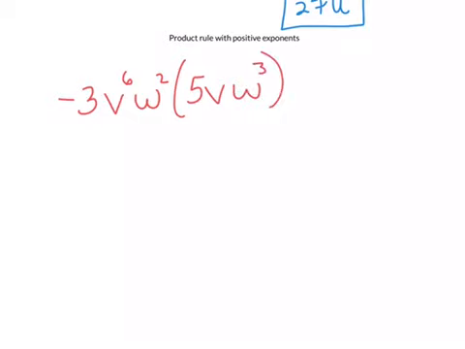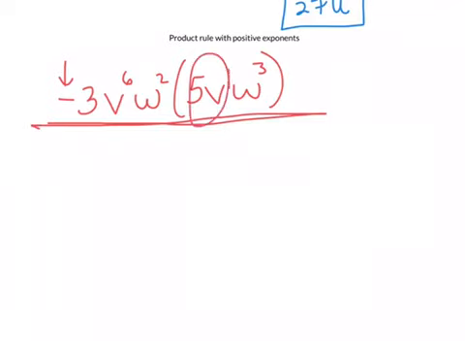Again, looking a little scarier now, same exact principle. We're going to move things around because we are allowed to. There are no pluses or minuses. Yes, we have a negative sign, but it's not attached to that v. That 3 is not attached to the v. We can move anything. This 5 is not attached to the v. Nothing is attached because it's multiplying, and multiplication can get switched up.